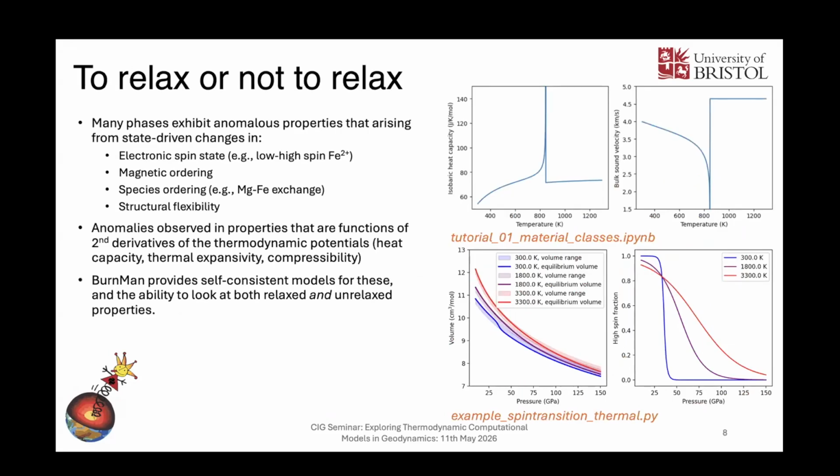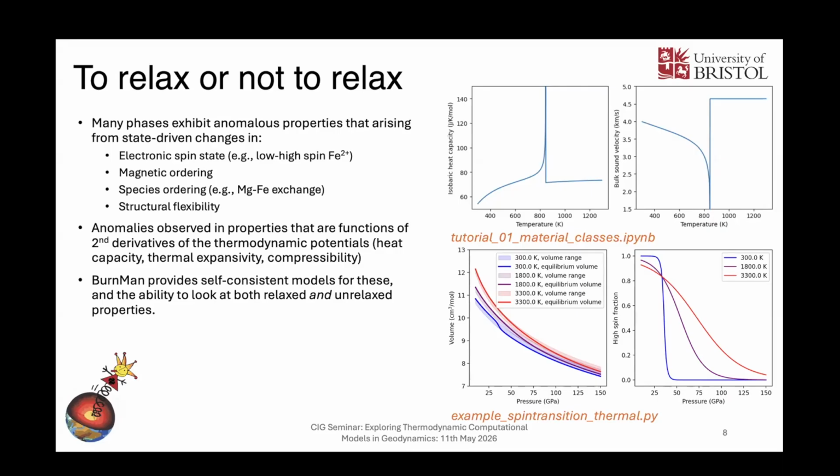Some other things that have been added recently to BurnMan is relaxation processes. So many different phases, both solid solutions and pure phases, exhibit anomalous properties that arise from state-driven changes in things like electronic spin state from high to low spin iron, for example, in magnetic ordering, in species ordering.